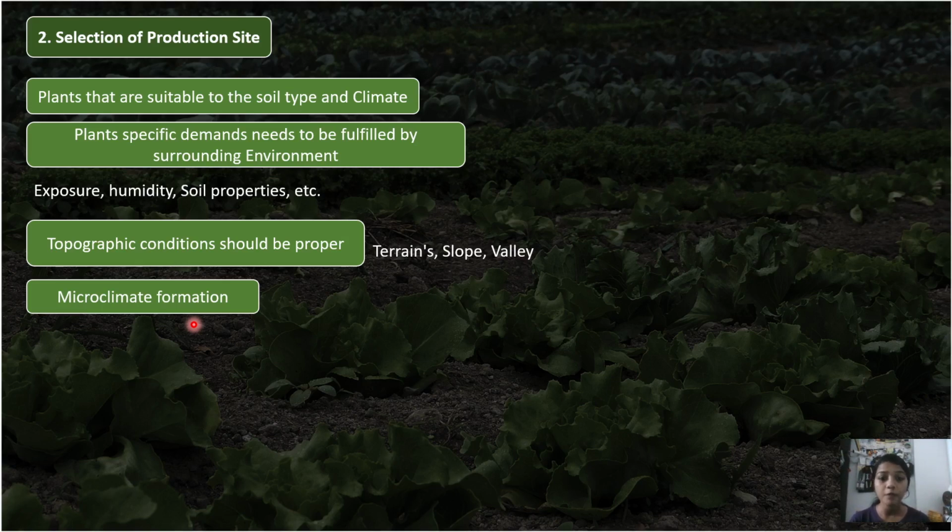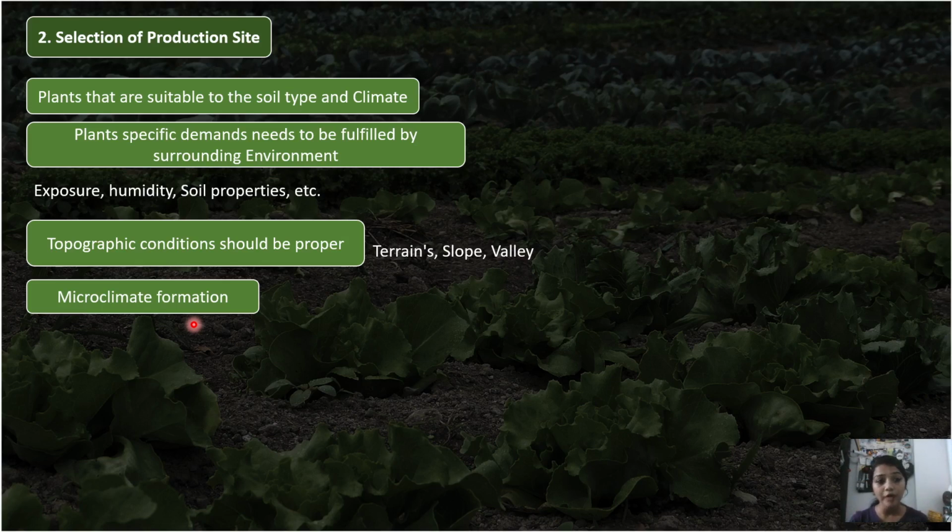So in organic farming also there is formation of microclimate, which is very important. Your soil needs to have microorganisms, your soil needs to have earthworms, the plants must be undergoing some kind of ecological cycles, some kind of animals must be benefiting from it, and in return the organisms must be giving back something to the plants.